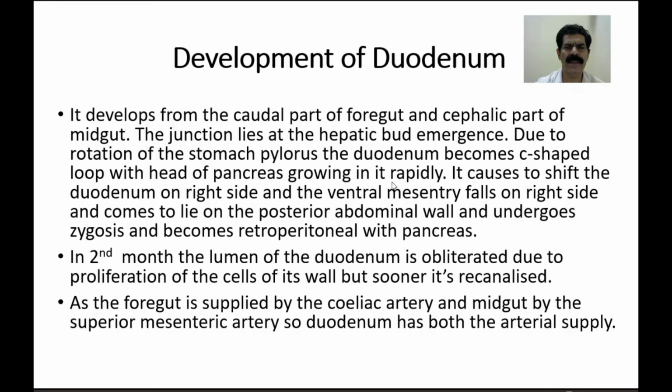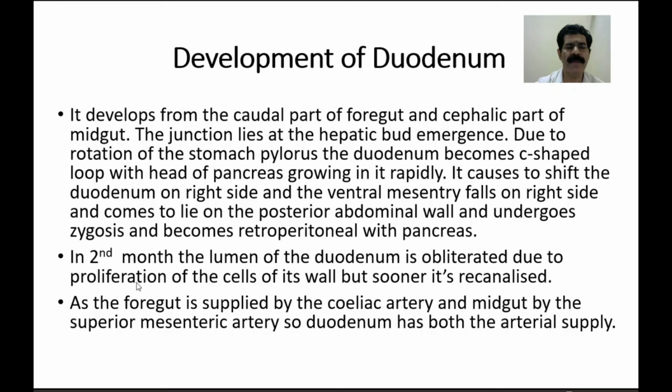So it causes the shift of the duodenum to the right side, as the pylorus also goes to the right side. The ventral mesentery falls on the right side, comes to lie on the posterior abdominal wall, and gets fused with it, and this process is called zygosis. Because of this, the duodenum becomes a retroperitoneal structure with the developing pancreas in its C-shaped concavity.